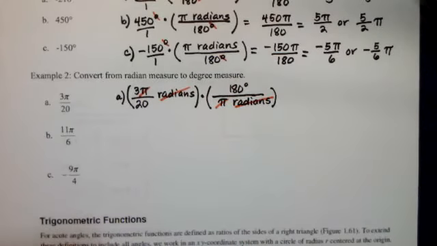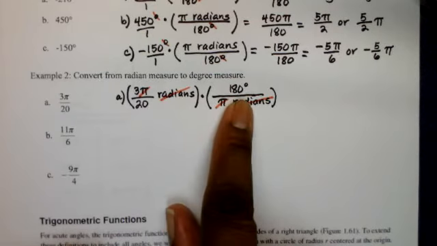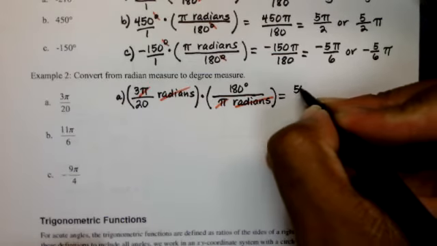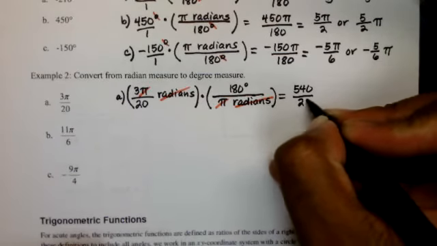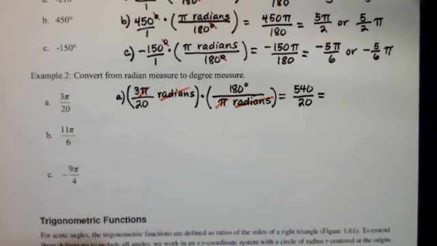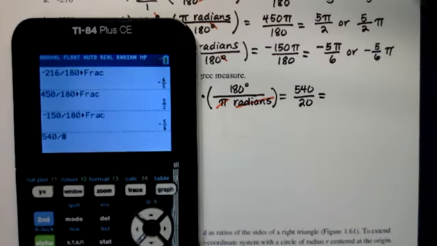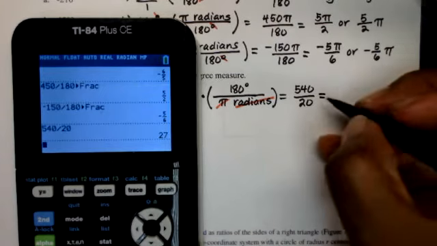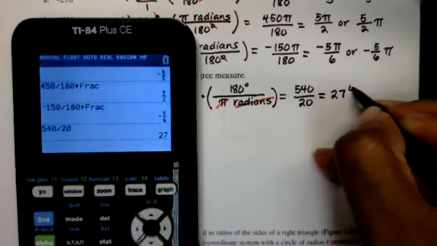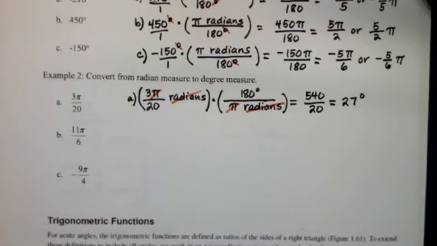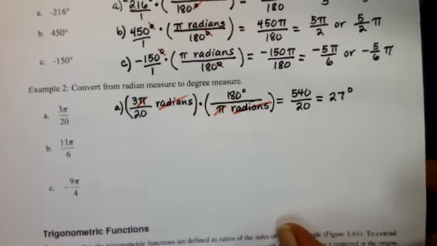That has to divide out always when you're converting from radians to degree measure. Okay, so here we got 3 times 180 divided by 20. So this is 540 over 20. And if I do 540 divided by 20, it will be 27. This will be 27 degrees. So 3 pi over 20 in degrees will be 27 degrees.